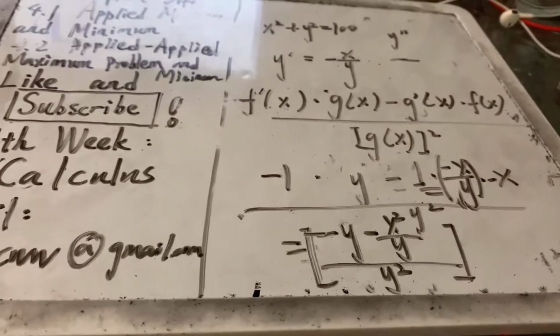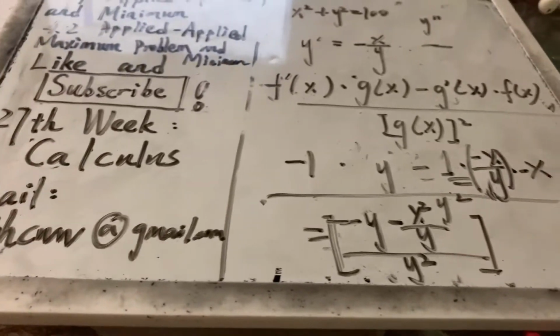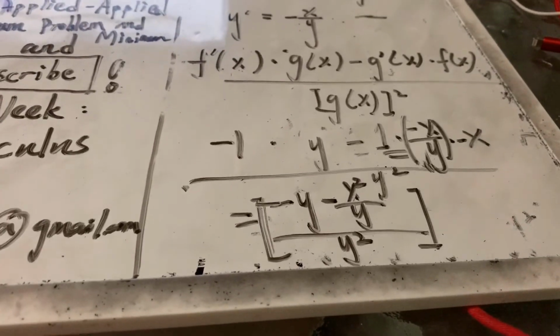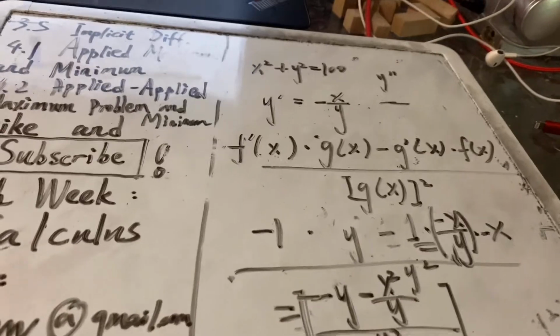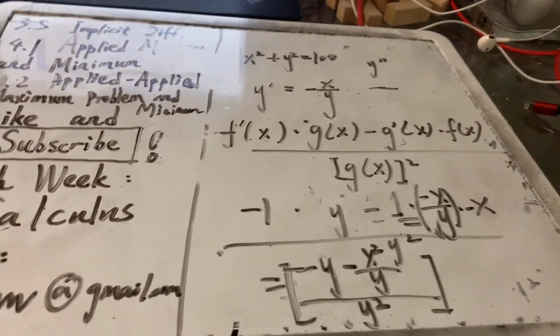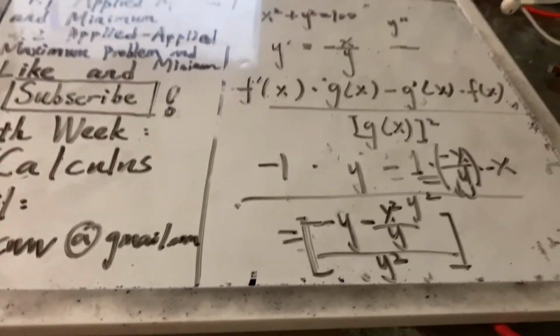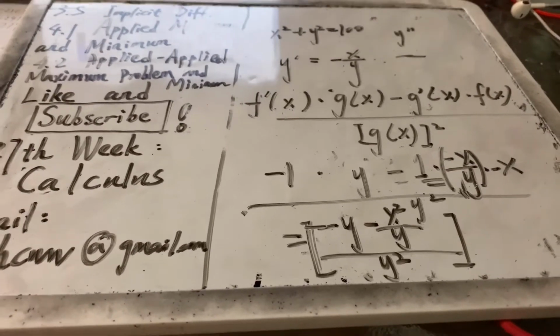If you are doing the second derivative, you have to multiply in the first derivative at every place that you differentiated y. And if there is a third derivative, then you need to multiply in the second derivative at every place that requires it, and so on and so forth. So this is how implicit differentiation works.